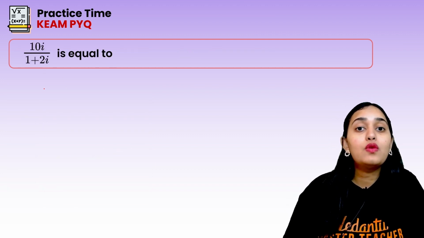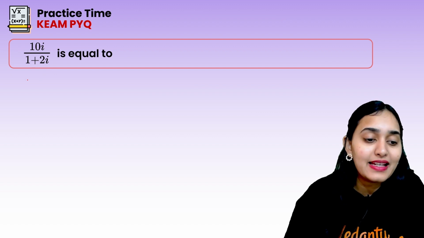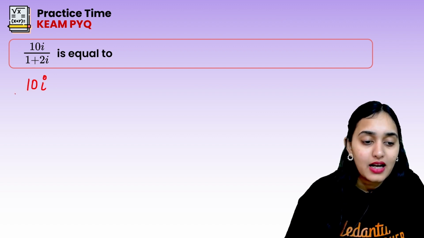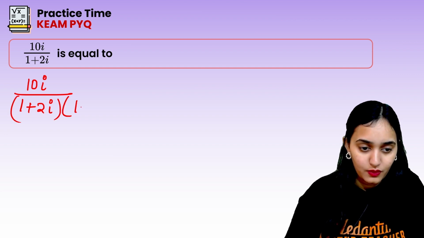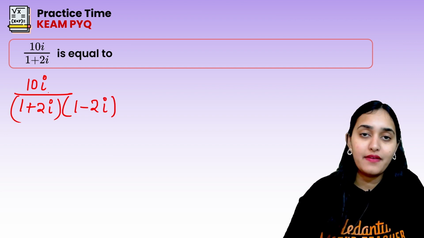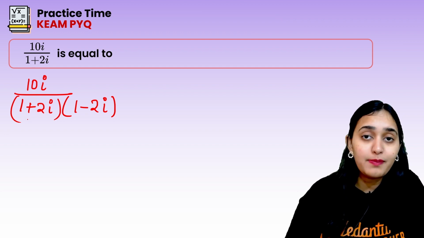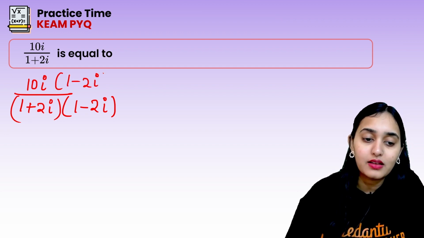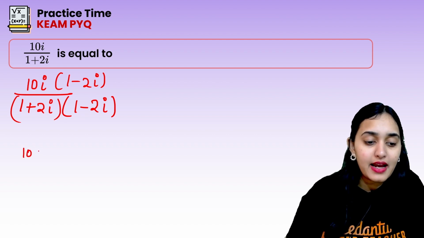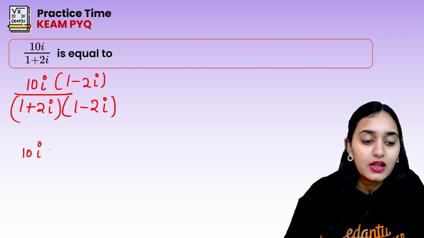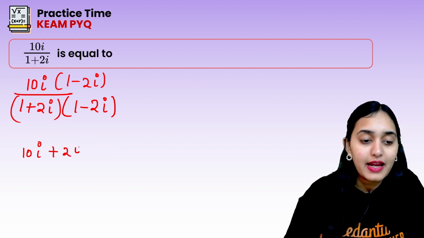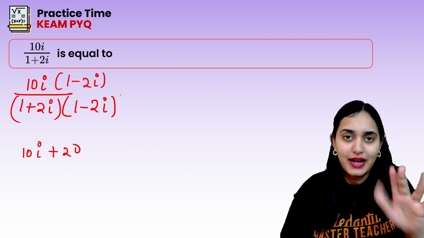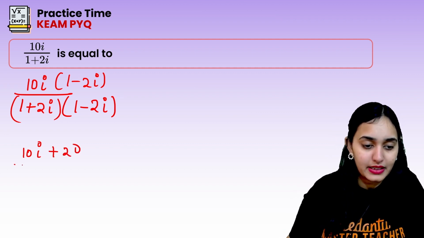This is equal to what? Rationalize it. 10I upon 1 plus 2I. Multiply with the opposite sign, the conjugate. 1 plus 2I multiplied with 1 minus 2I. So what will you get? 10I times 2I, 10 2s are 20, and I into I is minus 1, so plus 20.